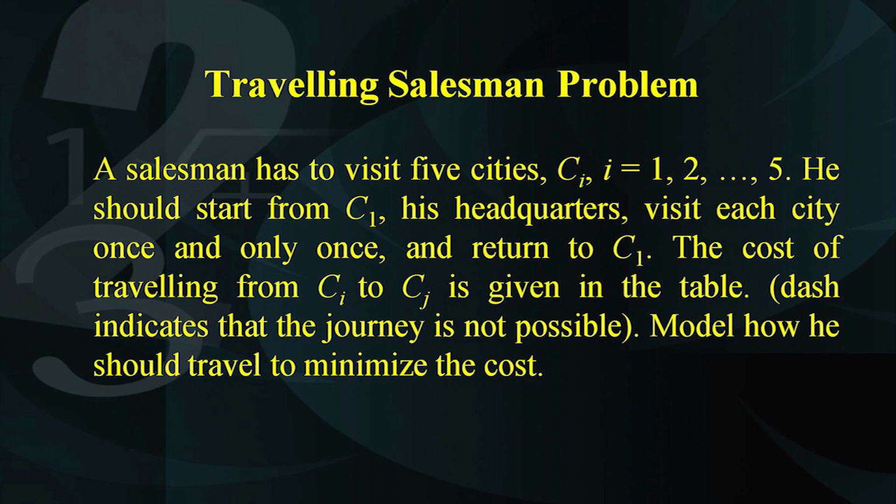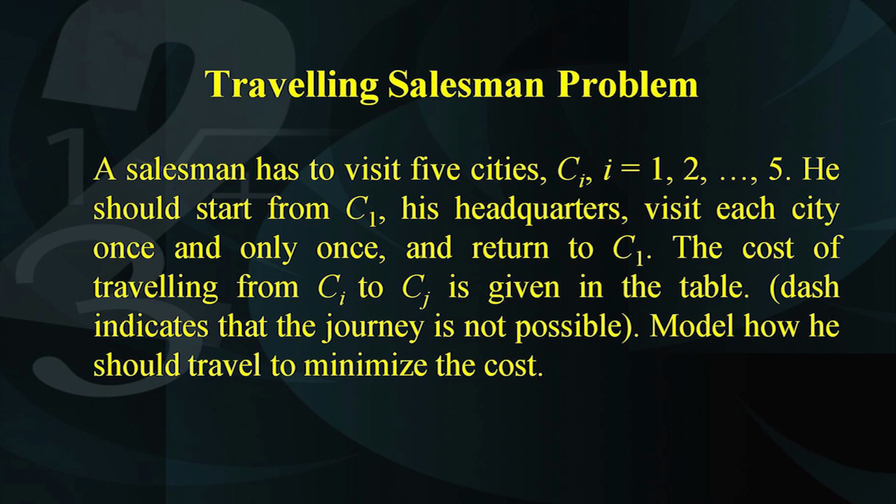This is also a problem which occurs in our day to day lives, and the problem states that there is a salesman who has to visit a number of cities in such a way that he starts from the first city and moves to the other cities once and only once. He has to travel to each of the cities once and only once in such a way that he returns back to the city number 1, because he is supposed to sell his product.